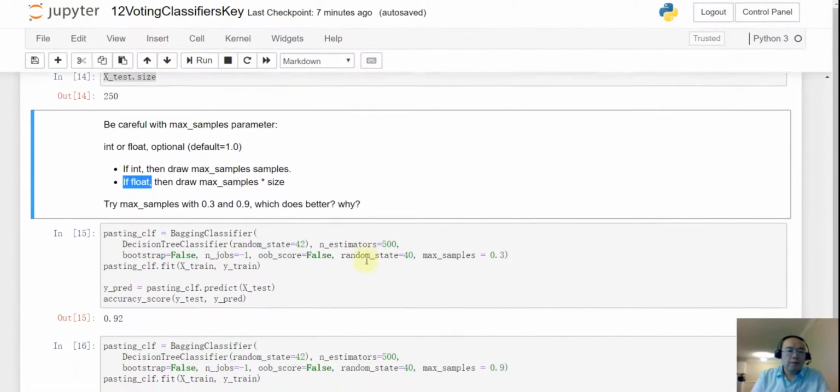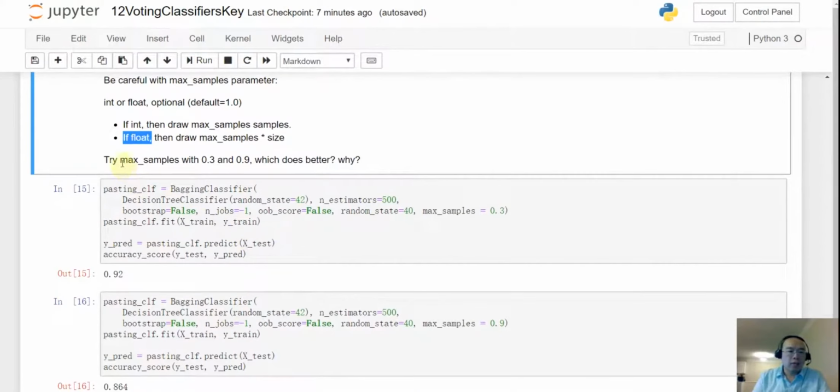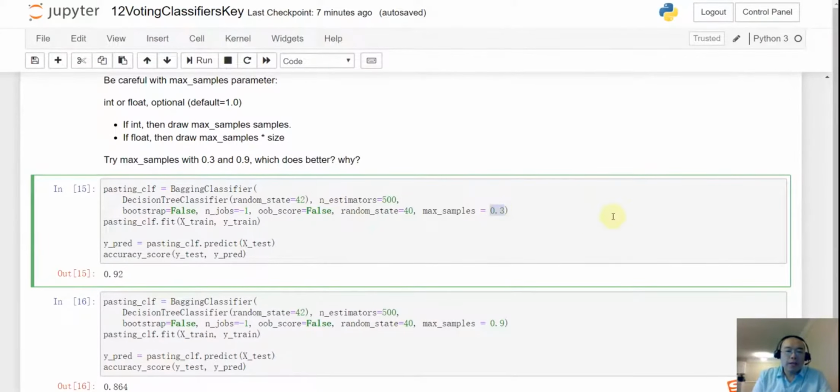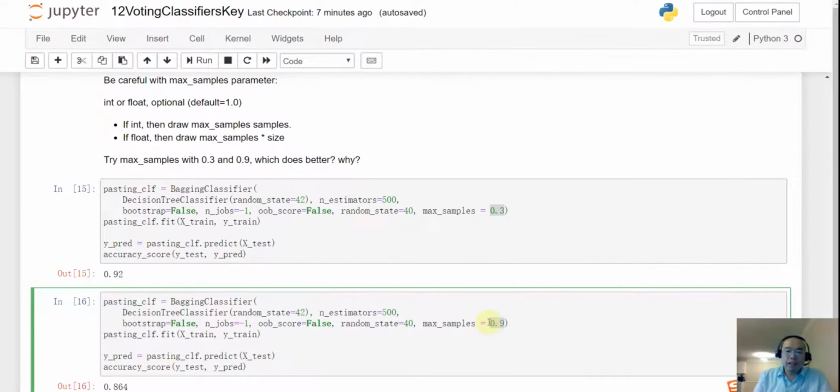So let's try something interesting. Let's try max samples to be 30% and then 90%. I did both, and what I found was if we only draw 30% of the data, we got 92%. However, if we are drawing 90% for each predictor in the ensemble, we got something even worse.